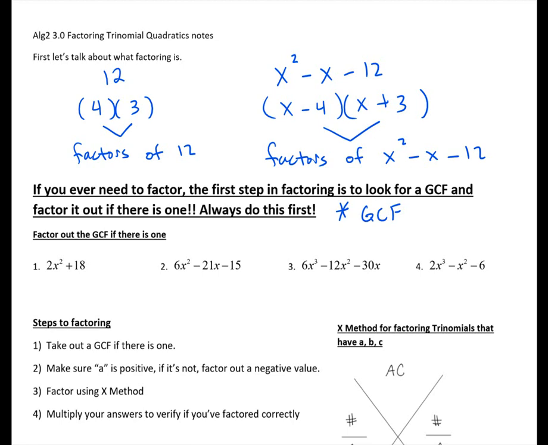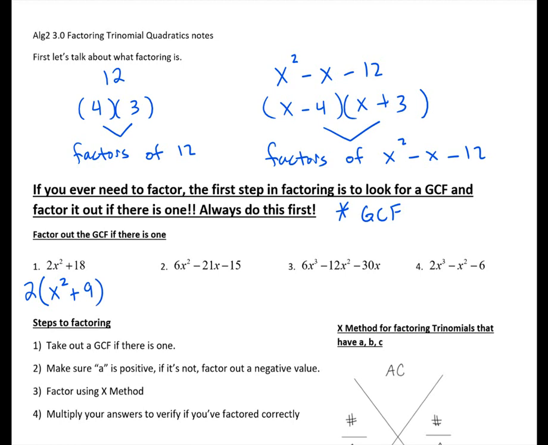Well, I know I could divide both 2 and 18 evenly by 2, so the GCF is 2. So if I take out 2, which is the GCF, 2 times what will give me 2x squared? That would be x squared. 2 times what will give me positive 18? That would be positive 9. Okay? Now, if you want to know if you did it correctly, if you distribute the 2, it should give you what you started with. Okay? Let's try another one.